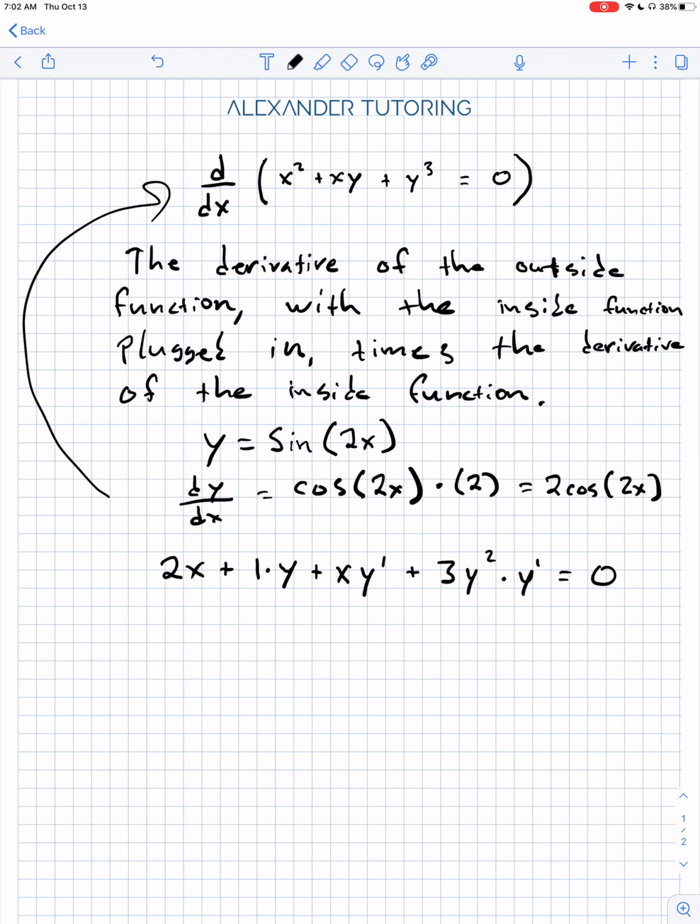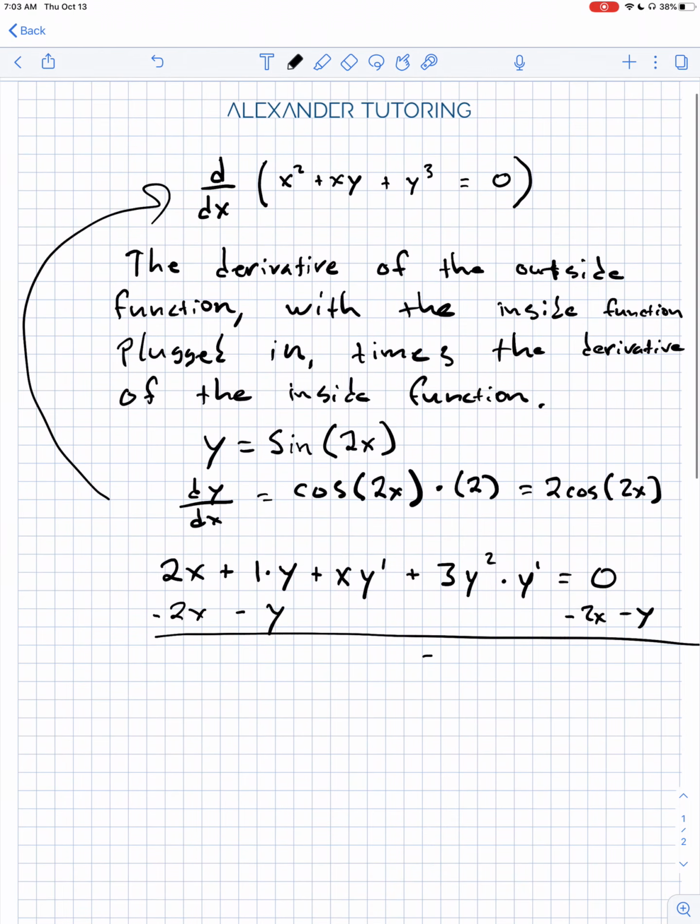Now, through cleverness, what we can do is solve for y prime, or the derivative of y, to get our solution. You'll notice we have two terms with y prime in them. So I'm going to move the two terms that don't have y prime in them to the other side of the equation, and move my equal sign to the middle here. So we're left with x y prime plus 3y squared y prime here, and then we have minus 2x minus y on the right.